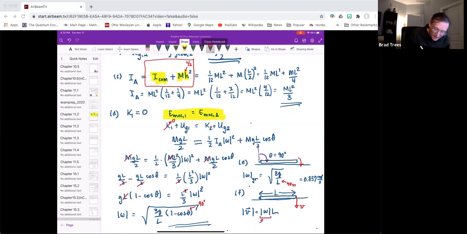So for the omega, you put in the 0.857 radians per second we just found in part E. And for the L, 40 meters. And you get a pretty high rate then for V, 34.3 meters per second is how fast the point on the tip is moving.